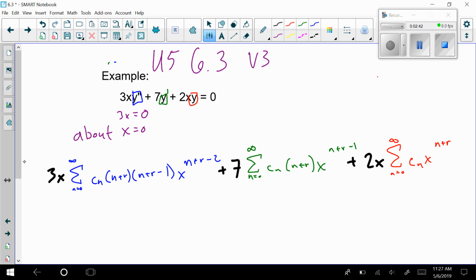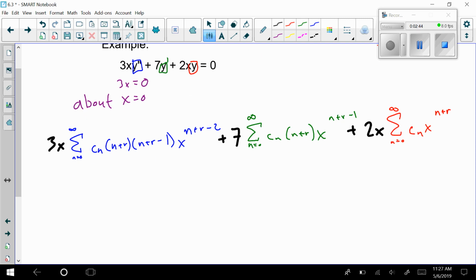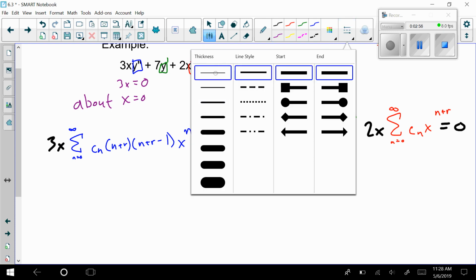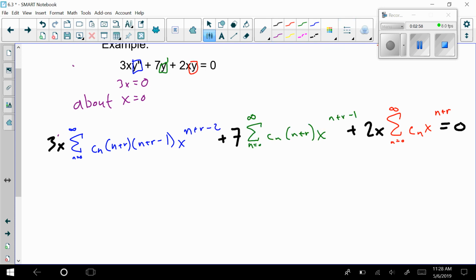So we have this example here, and hopefully that wasn't too bad. Now we're going to need to distribute. This is all equal to 0. If I distribute that in, this x is going to make this negative 2 into just a negative 1, and then this 3 I'll just place with that c sub n.